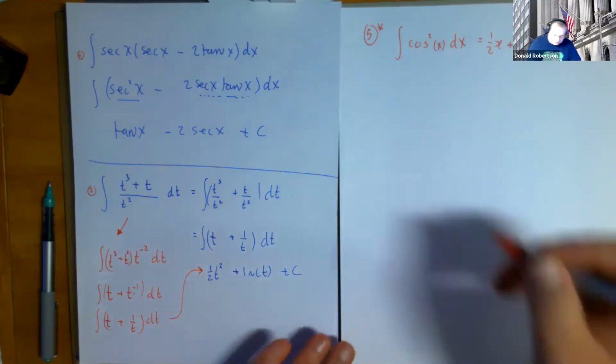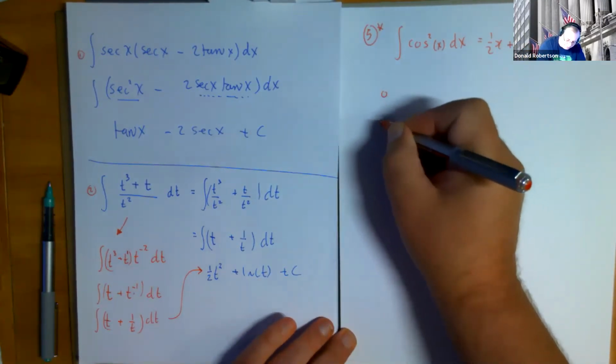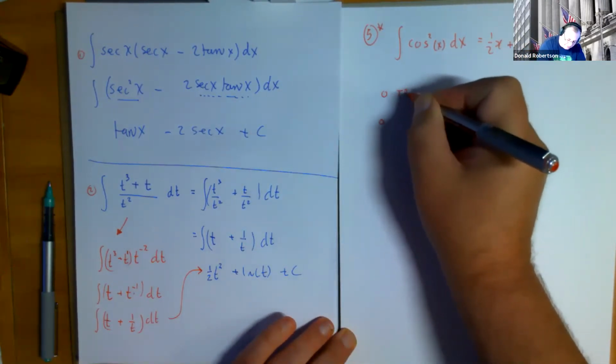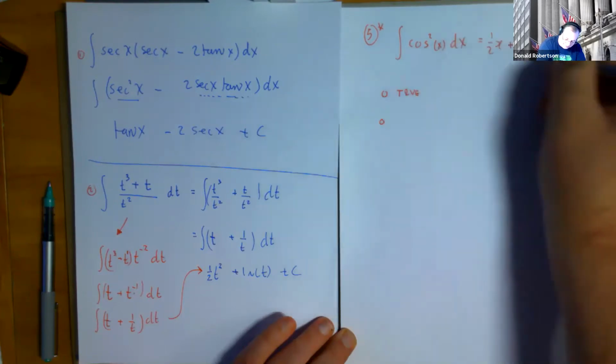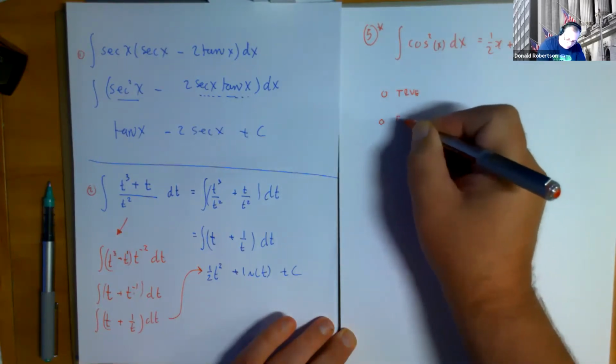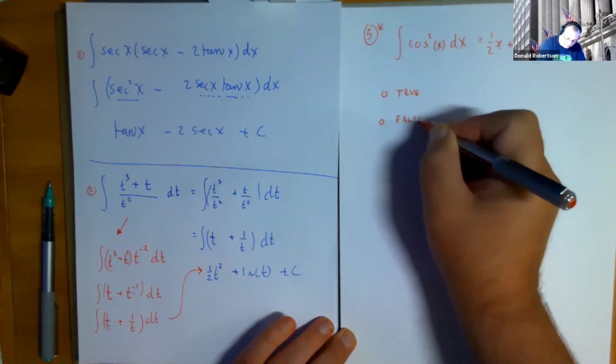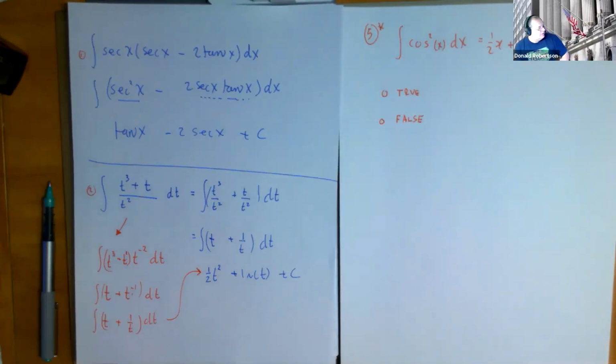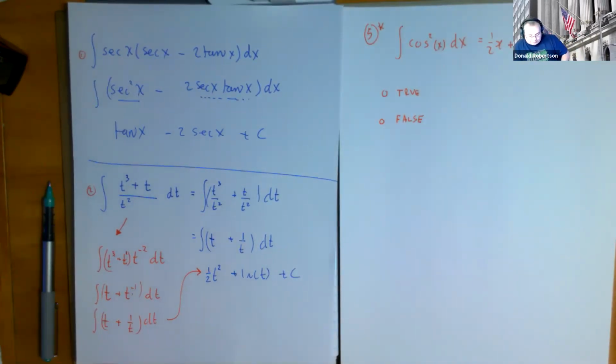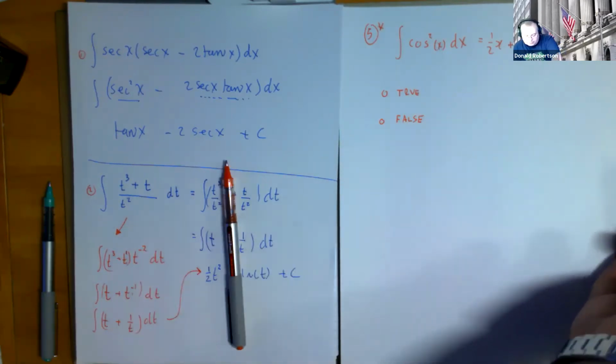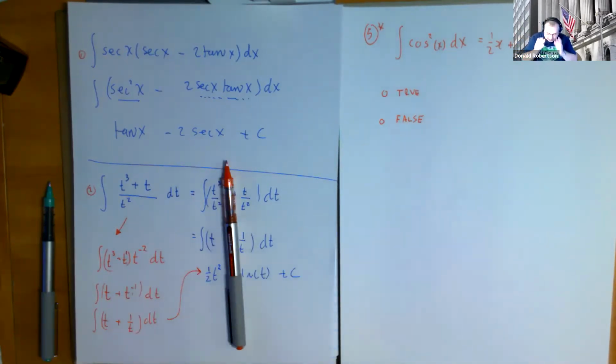And you're being asked to make one of 2 choices. What this says is true, or what this says is false. And you're being asked to check whether it's true or false by differentiation. So this, in a way, kind of shows you the connection between differentiation and finding antiderivatives.